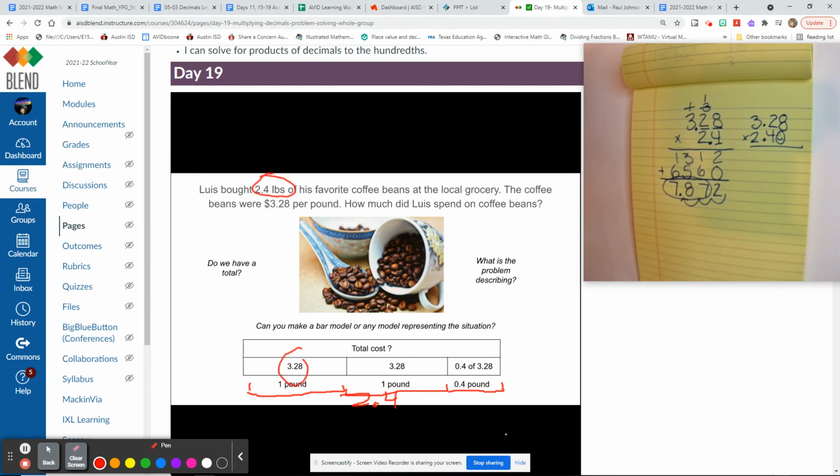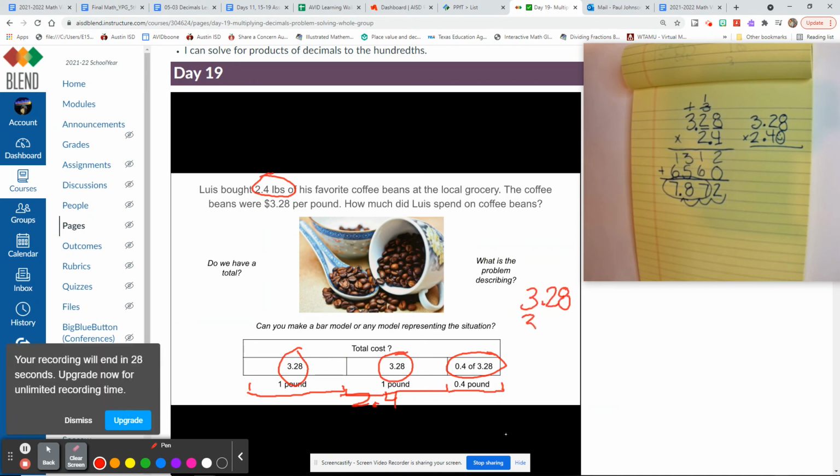All right, from here, 2 and 4/10. Right. So you have $3.28, $3.28, and then 4/10 of $3.28. So that even breaks it down a little bit easier for you, because you have one group of 3 and 28 hundredths, another group of 3 and 28 hundredths, and then, like we said, 4/10 of 3 and 28 hundredths.